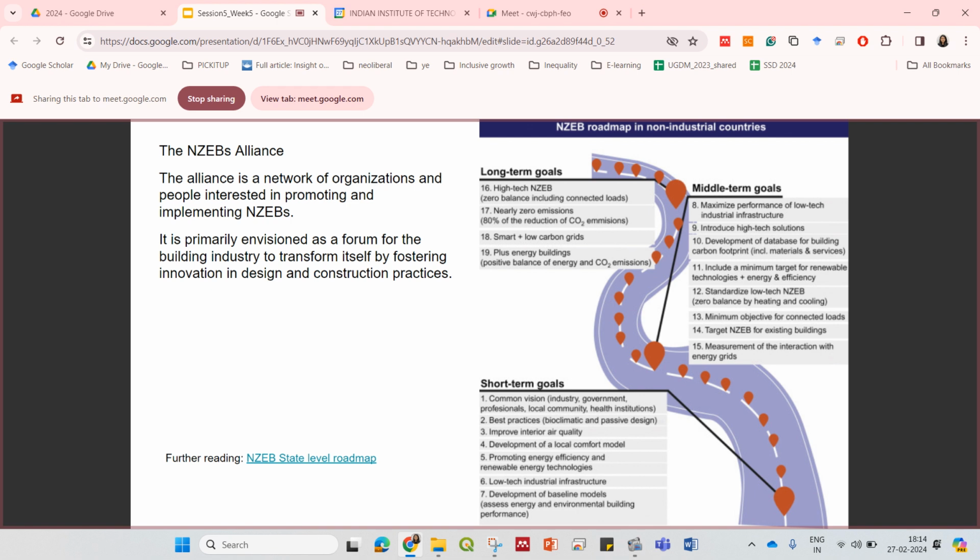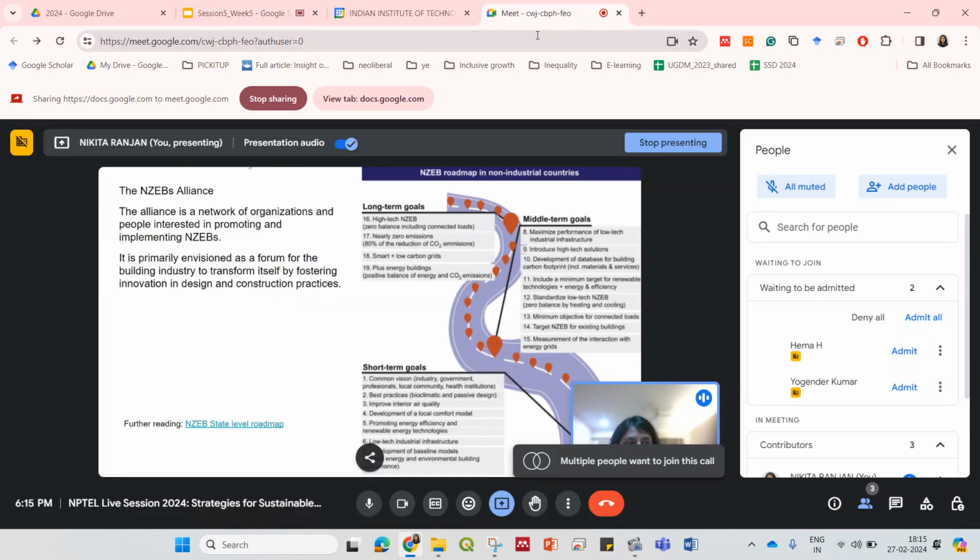Then you come to the middle term goals, which will need some time. They can't be done right away. So things like maximizing performance of low tech industrial infrastructure. So industrial infrastructure which is not very technology oriented, but has low tech, and initially there might not be a lot of capital or push towards adoption of net zero energy technologies, but after some time such technologies can be adopted.